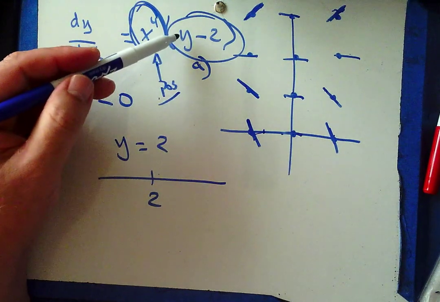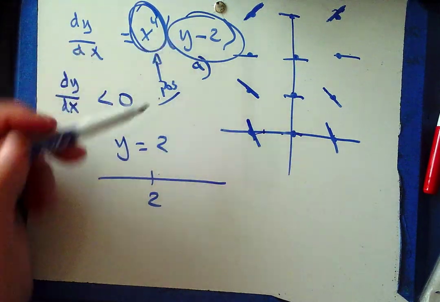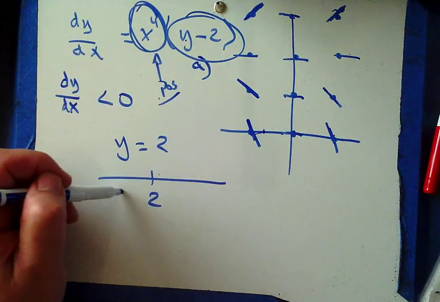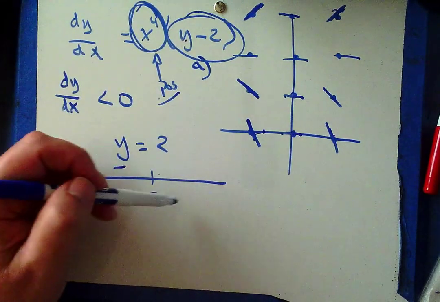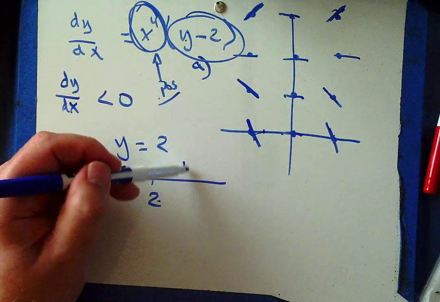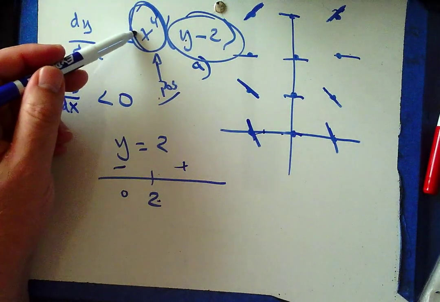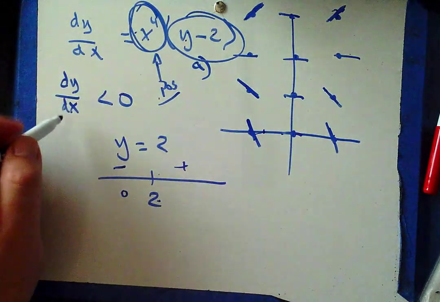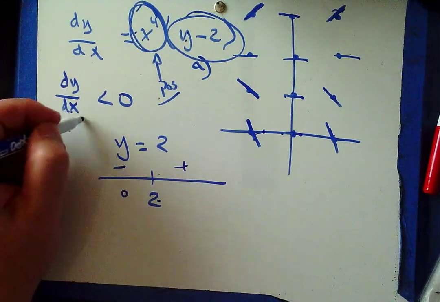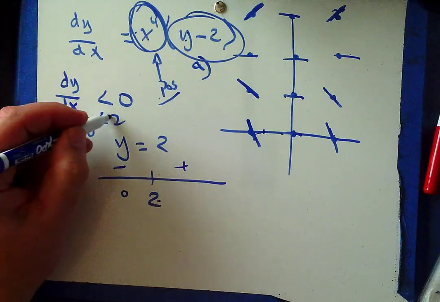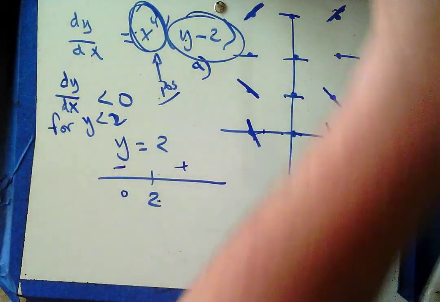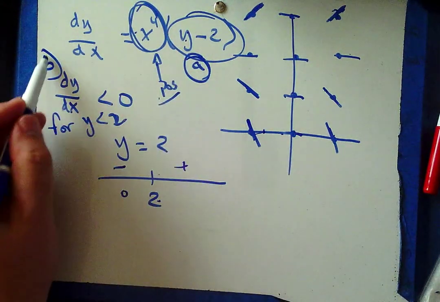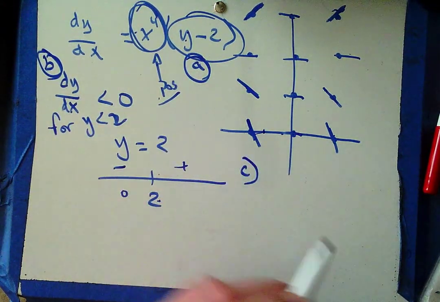So I'm only looking at this piece here, and if I plug in numbers to the left of 2, like 0, I get a negative, and if I plug in numbers bigger than 2, then this is a positive times that positive that's already there. So I want to say dy/dx is less than 0 for y less than 2. Okay, so there's part B.